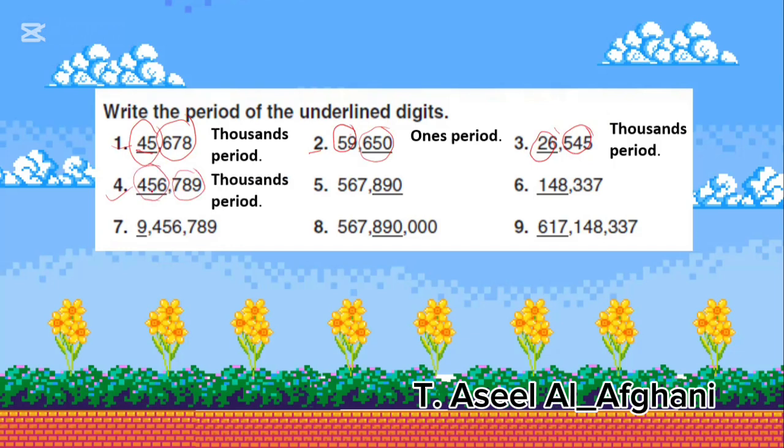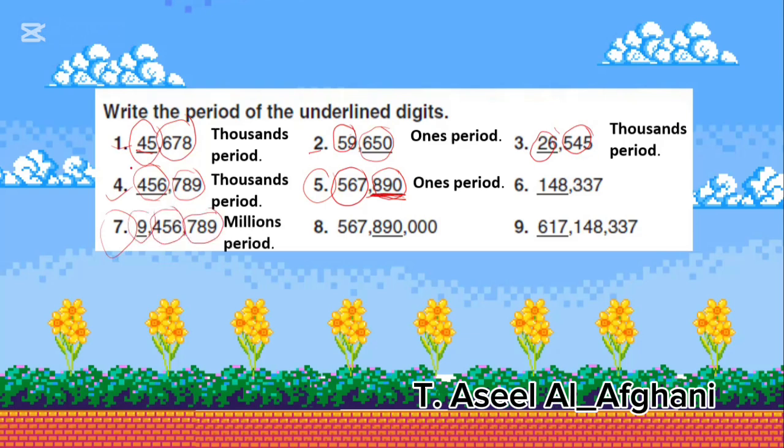What about number 5? Here we have the ones period, here the thousands period, and he's asking about the first 3 digits. The underlined digits are the first 3, which are lying in the ones period, right? What about number 6? I'm going to leave it for you. Now go to number 7 after completing 6 and do it yourself. Ones period, thousands period, and millions period.